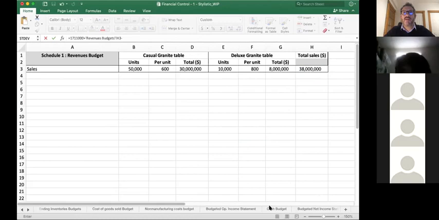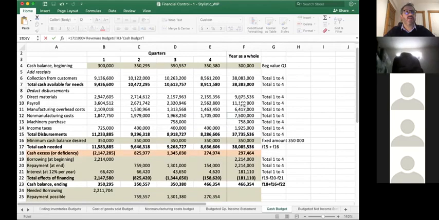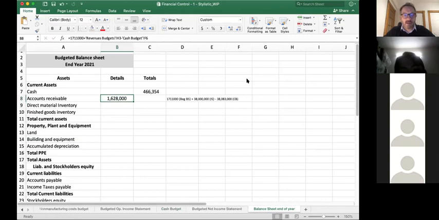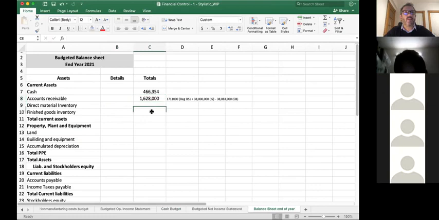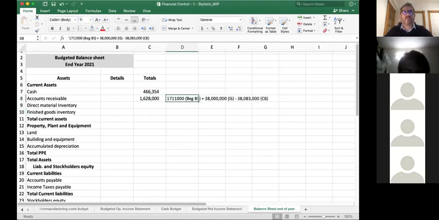So also the cash budget, so it must be that amount. Okay, that's correct.